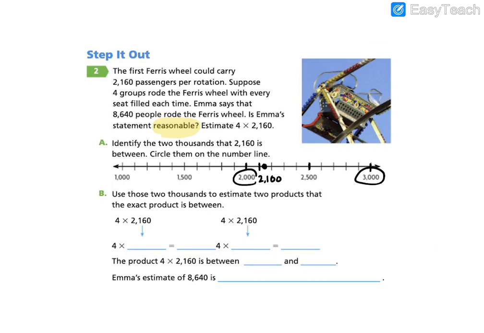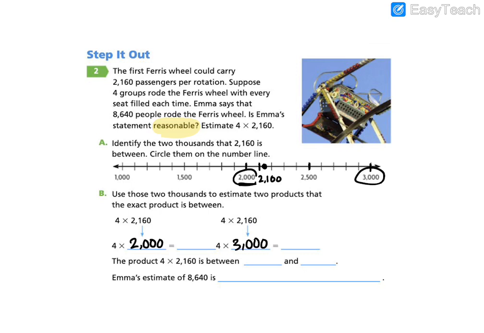Okay, so just like we did on the last one, we're now going to use those to help us estimate what the actual product could be between. So we have 4 times 2,160. We'll choose our lower 1,000, so times 2,000. And then for this one, we'll have it times 3,000.